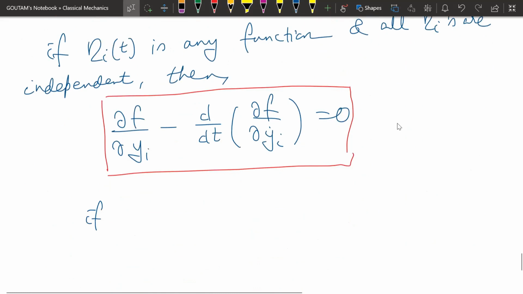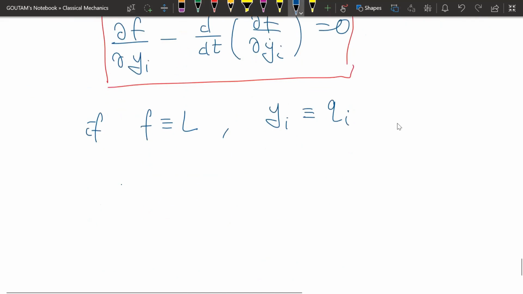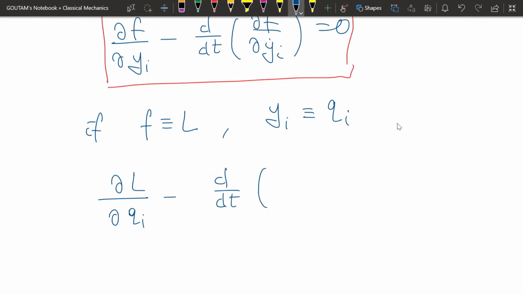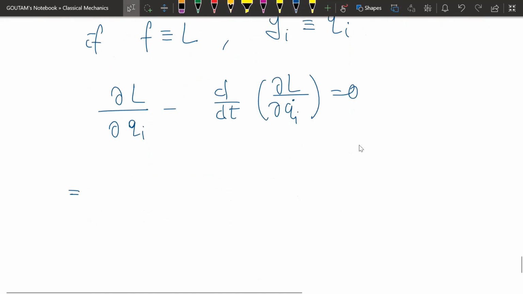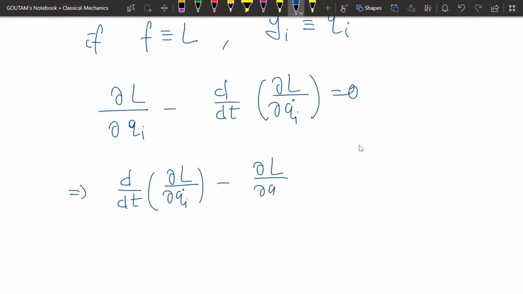So now, f is termed as L and this yi is termed as the generalized coordinates qi. So then we will get ∂L/∂qi minus d/dt of ∂L/∂qi dot equals 0, or we can write d/dt of ∂L/∂qi dot minus ∂L/∂qi equals 0.